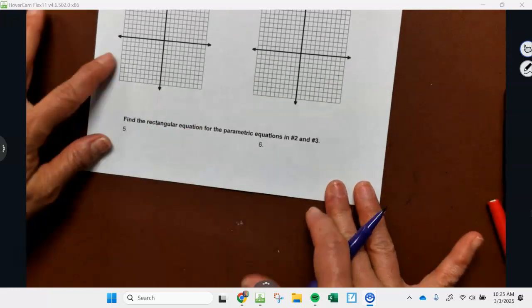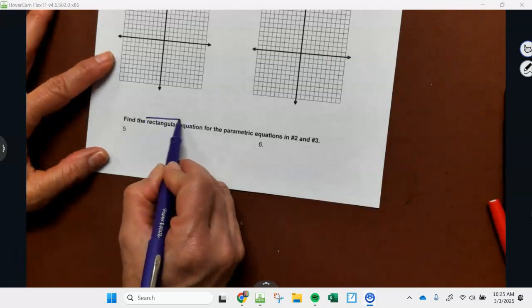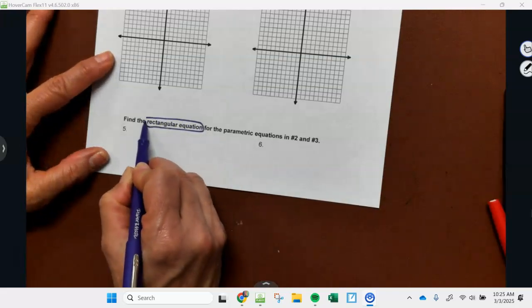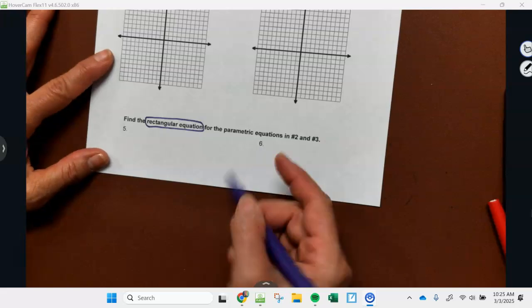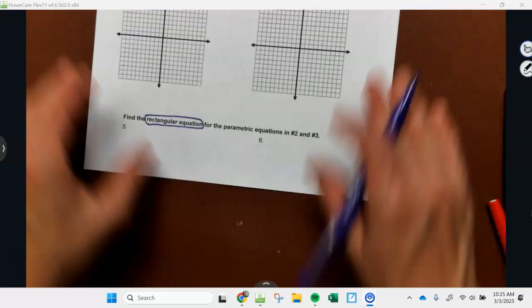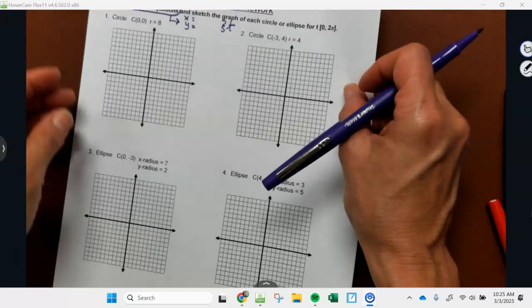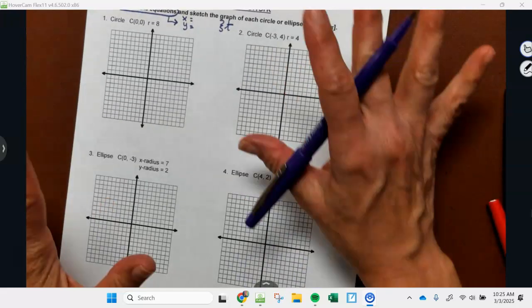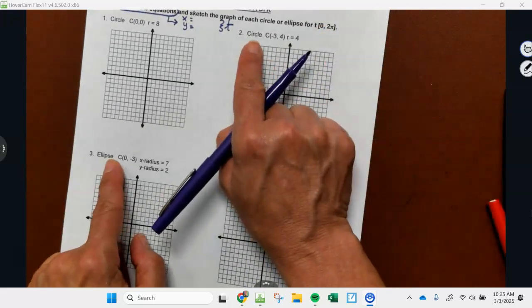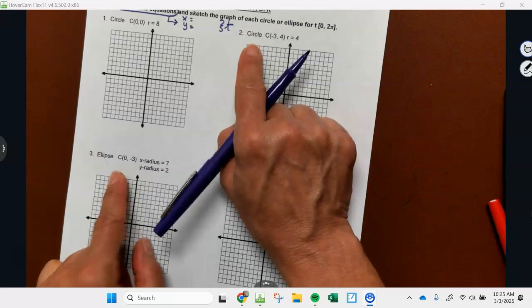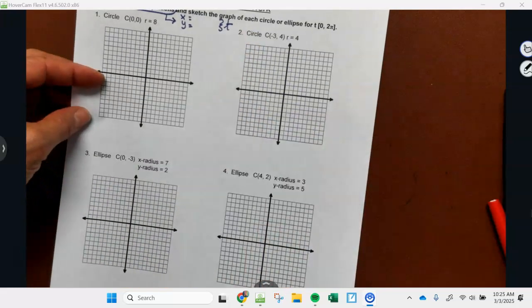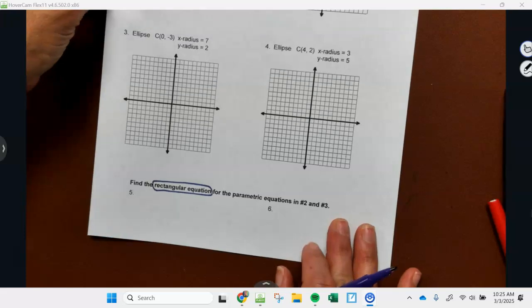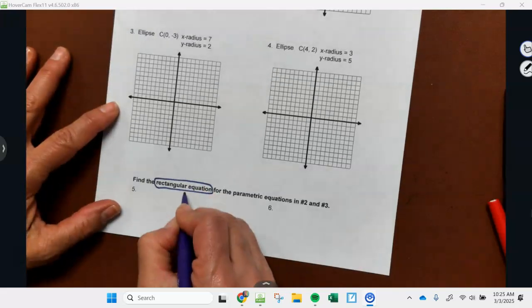This says to write the rectangular equation for the parametric equations in number 2 and number 3. So if I just glance at number 2 and number 3, I see the words circle and ellipse. So if I see the words circle and ellipse, then I know cosine and sine are involved.